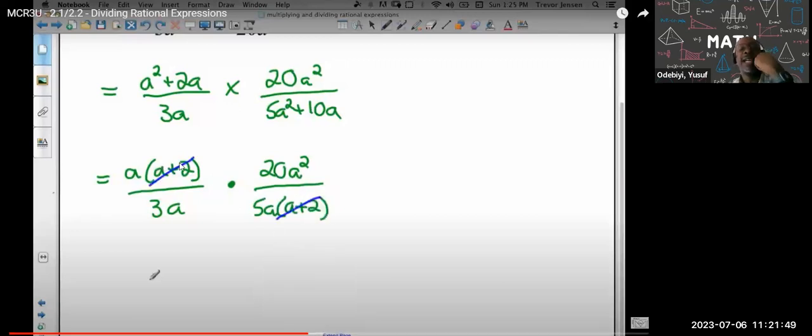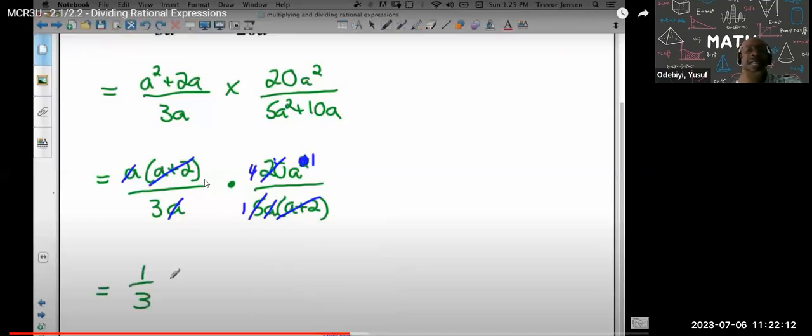So now I can cross out the a plus 2s, and I can also cross out the a up over here, because I'm gonna have here a squared minus a, divided by a. I'm just gonna have a to the power of 1, which just means a. Okay.